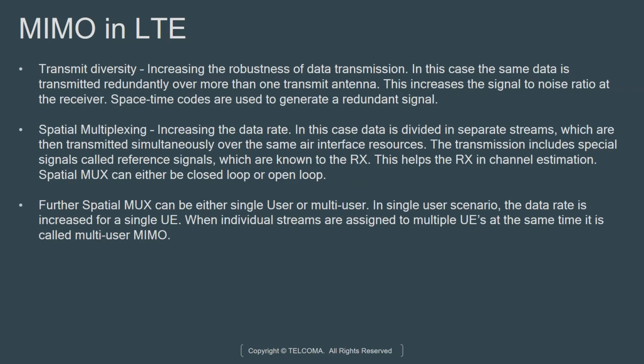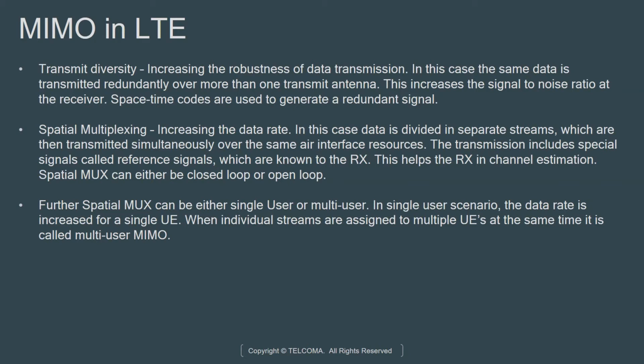MIMO in LTE has been around for quite some time now. So we have transmit diversity, where we increase the robustness of data transmission. In this case, the same data is transmitted redundantly over more than one transmit antenna.